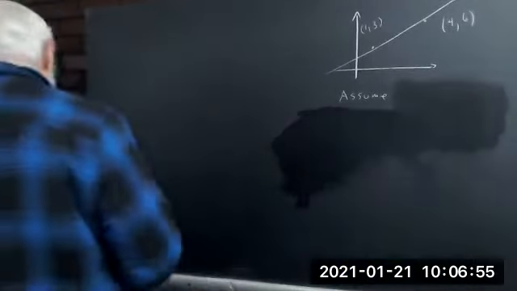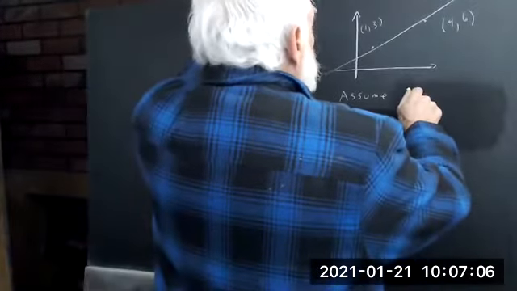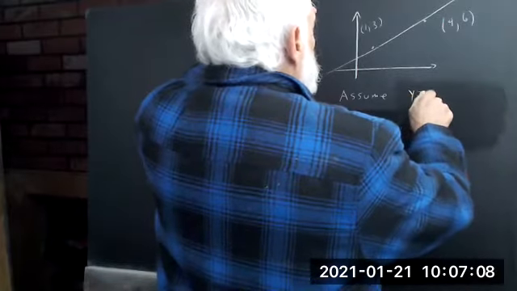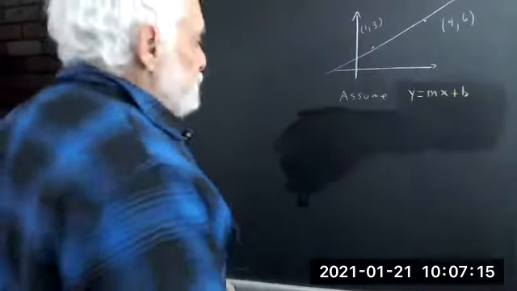That introduces an extraneous variable. Hopefully I can write over this, we'll see. Okay, we're going to assume y equals mx plus b.